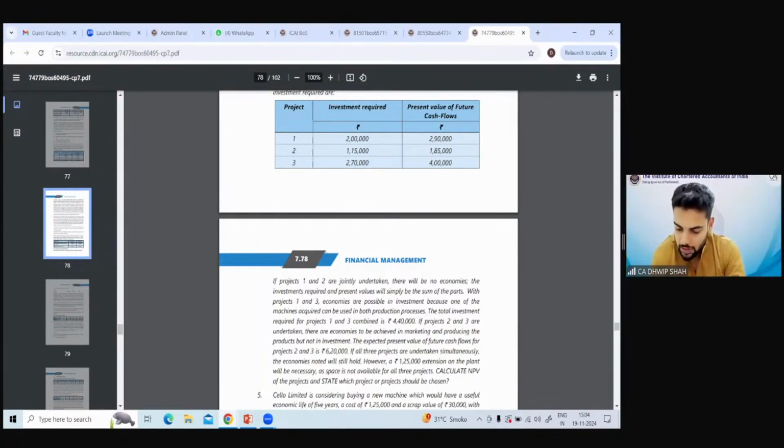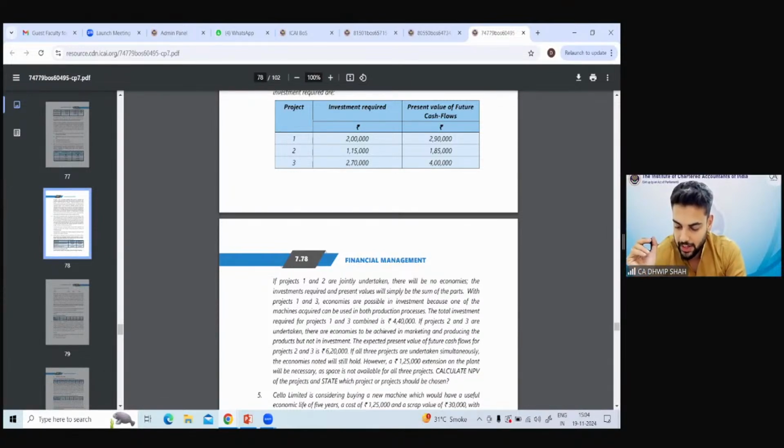So the total investment required for projects 1 and 3 combined is 430. See, as of now, it is 2 lakh plus 270. If individual project 1 and individual project 3 are taken, then your investment amount required would be 2 lakh plus 270. But if jointly they are taken, then my investment would be just 4 lakh 40,000. Okay? Because there is economy, there are additional savings, and the additional savings are in investment.